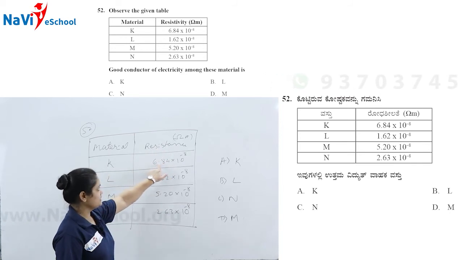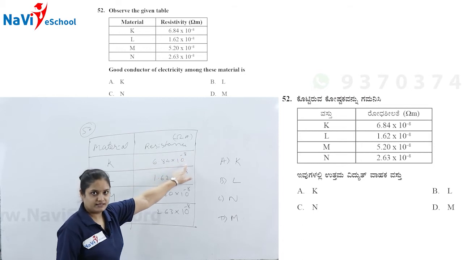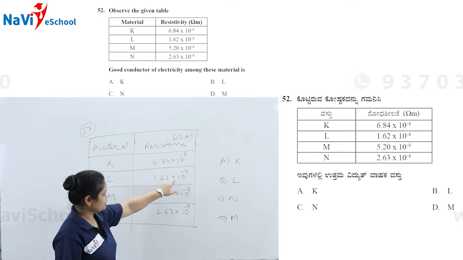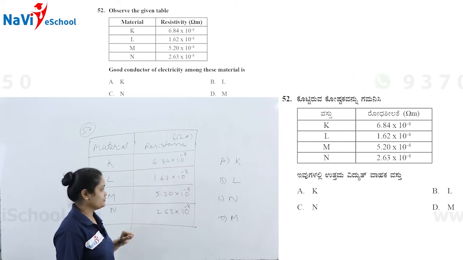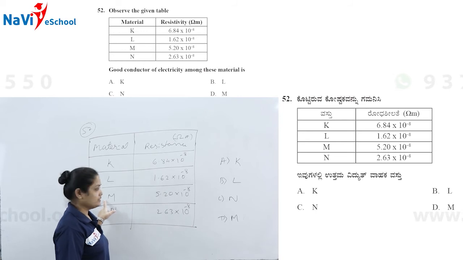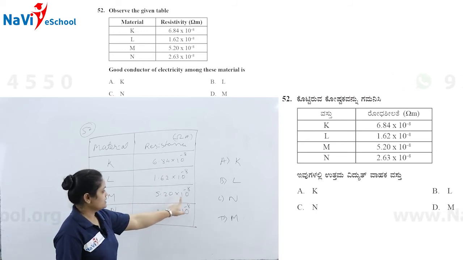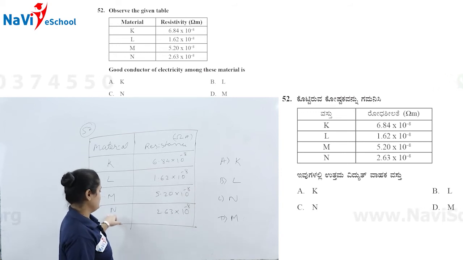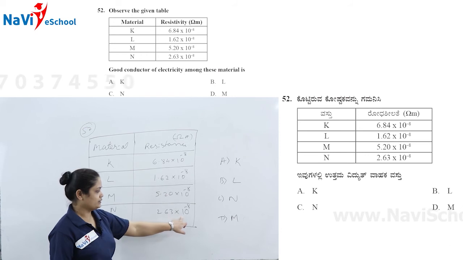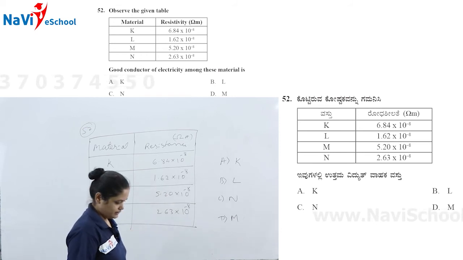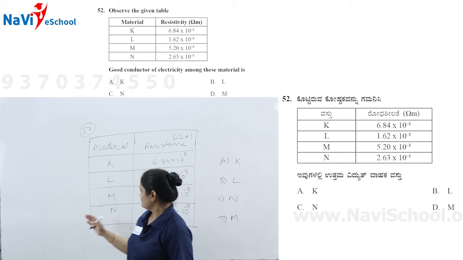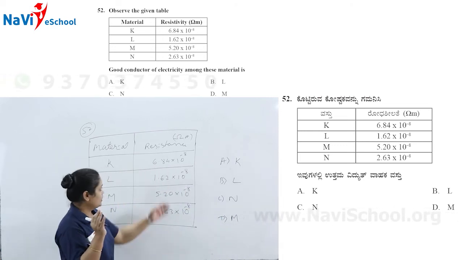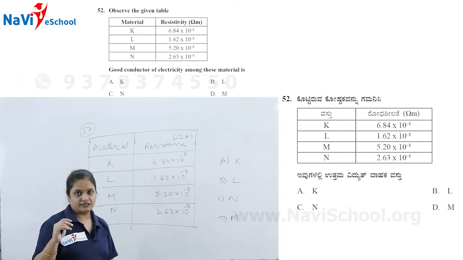Material K has 6.84 into 10 raised to minus 8 resistance, L has 1.62 into 10 raised to minus 8, M has 5.20 into 10 raised to minus 8, and N has 2.63 into 10 raised to minus 8. So children, observe this table, all these have different resistance.